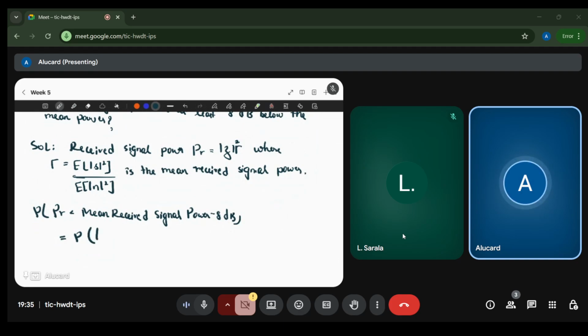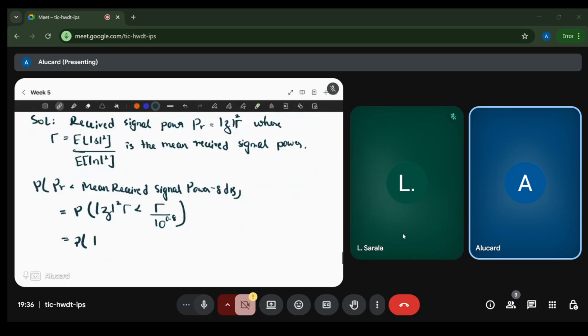So from dB I'll write it in normal power terms. P received is not in dB. That's why I have to write my mean received signal power minus 8 dB in terms of power.